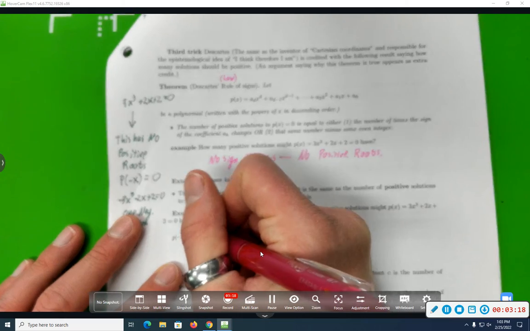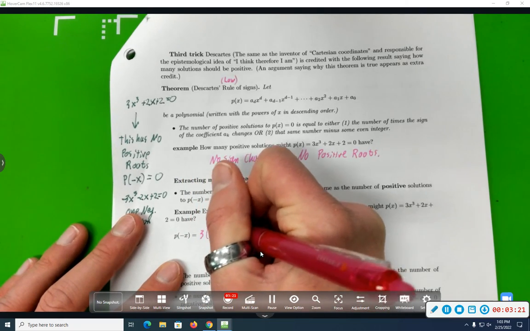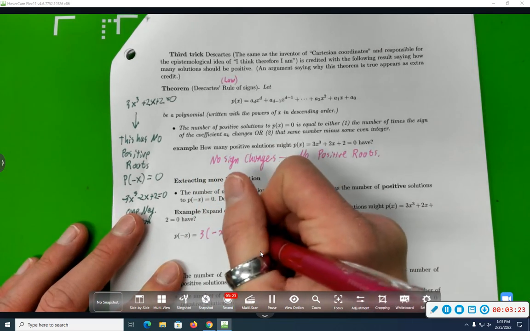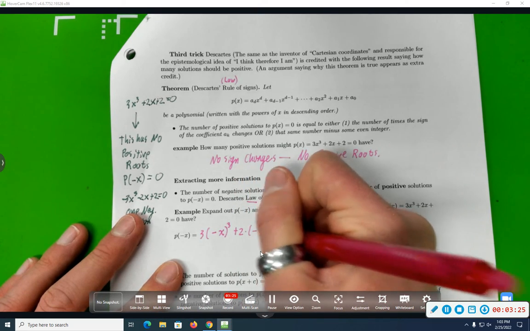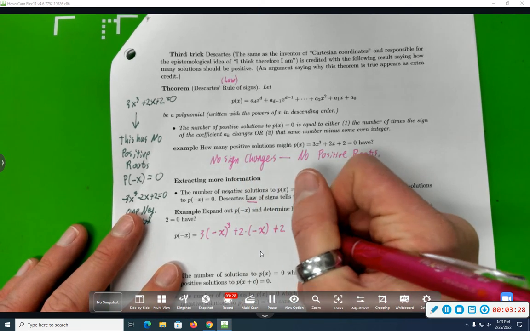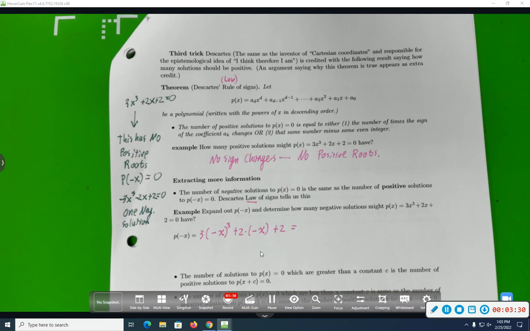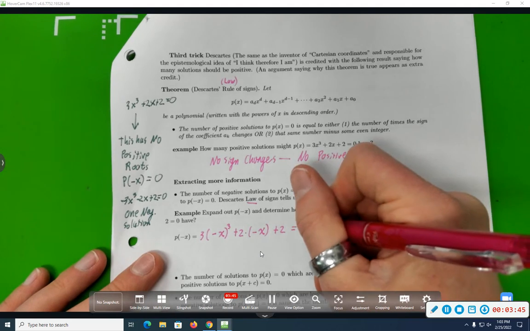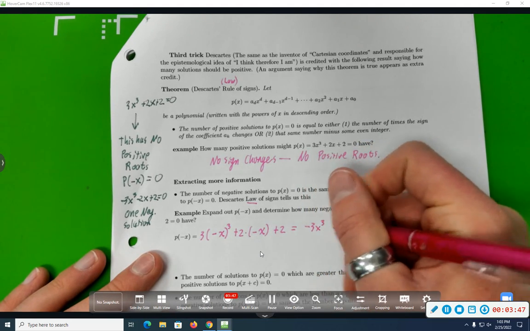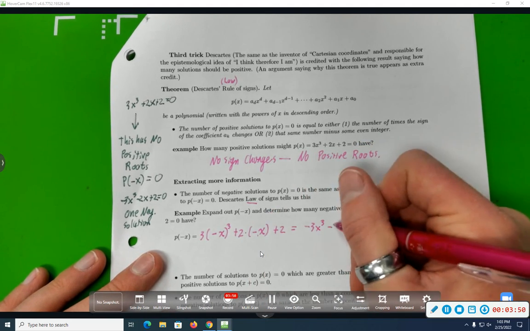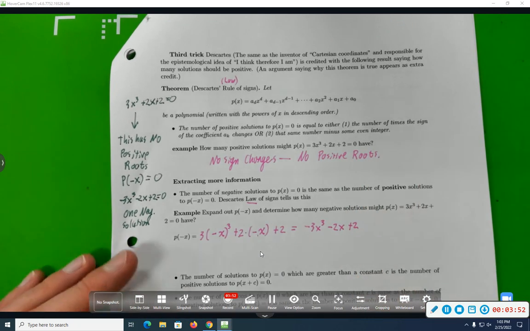So p of negative x is 3 times negative x cubed plus 2 times negative x plus 2. And now let's just simplify. So that's negative x cubed. So that's negative x times negative x times negative x. 2 of the negatives cancel, 1 falls out. The cubing function is odd. Negative 3x cubed. 2 times negative x is the same thing as minus 2x plus 2.